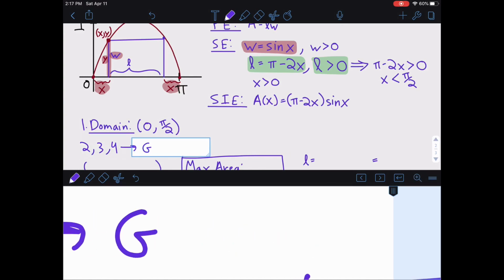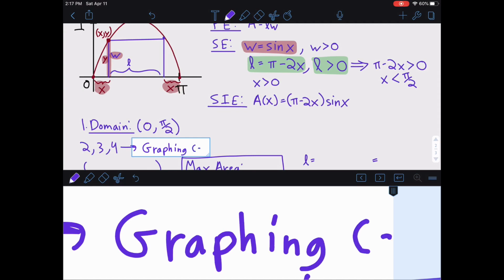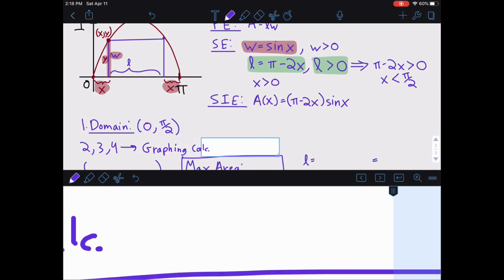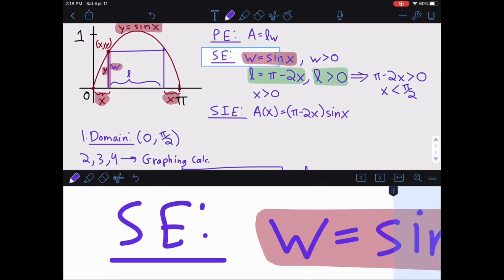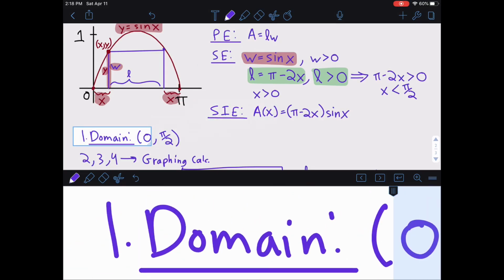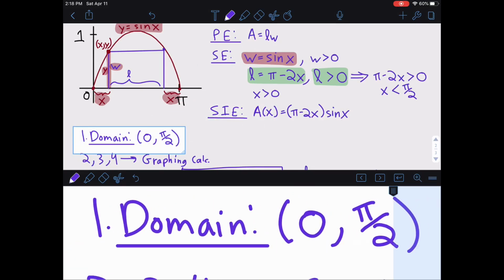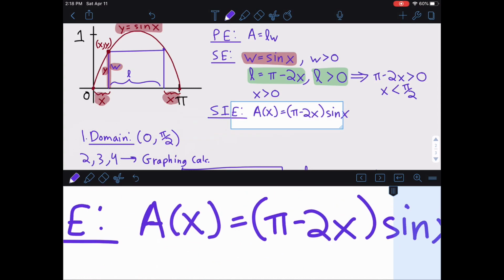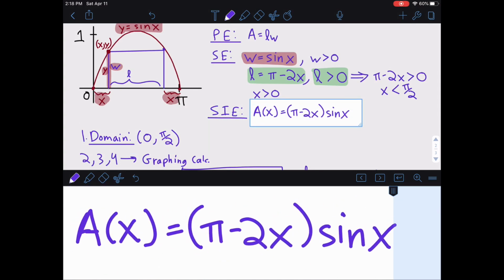And so we're not going to actually write out any work for that, right? But we still need to show the work of setting up, hey, here's my primary, here's my secondary, here's my single independent, and most importantly, you have to establish a domain. When you see the graph of this function, you will see why domain is so important here, okay?